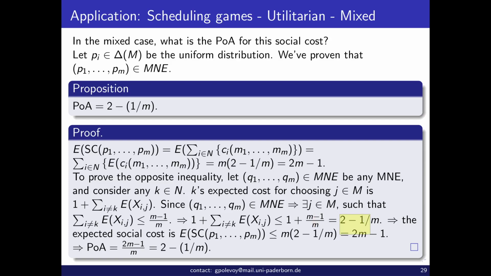And the expected social cost is therefore the total cost of all such k's, because what we have done is true for any player k. We simply multiply this 2 minus 1 over m by the number of players m, and that's 2m minus 1.